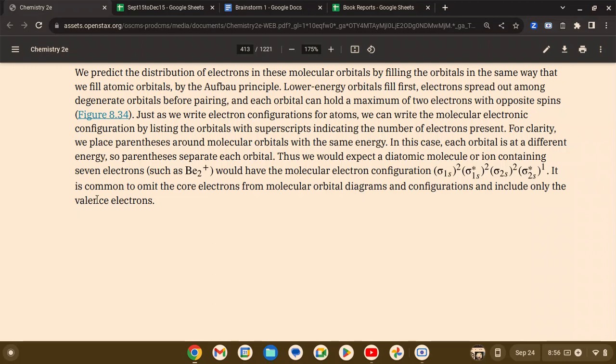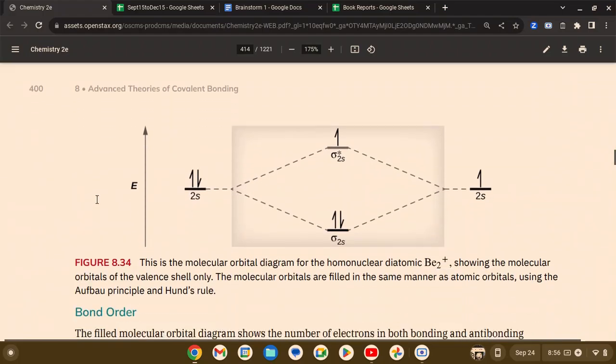Thus, we would expect a diatomic molecule or ion containing 7 electrons, such as Be2+, would have the molecular electron configuration sigma 1s2, sigma star 1s2, sigma 2s2, sigma star 2s2, sigma 2p1. It is common to omit the core electrons from molecular orbital diagrams and configurations and include only the valence electrons.